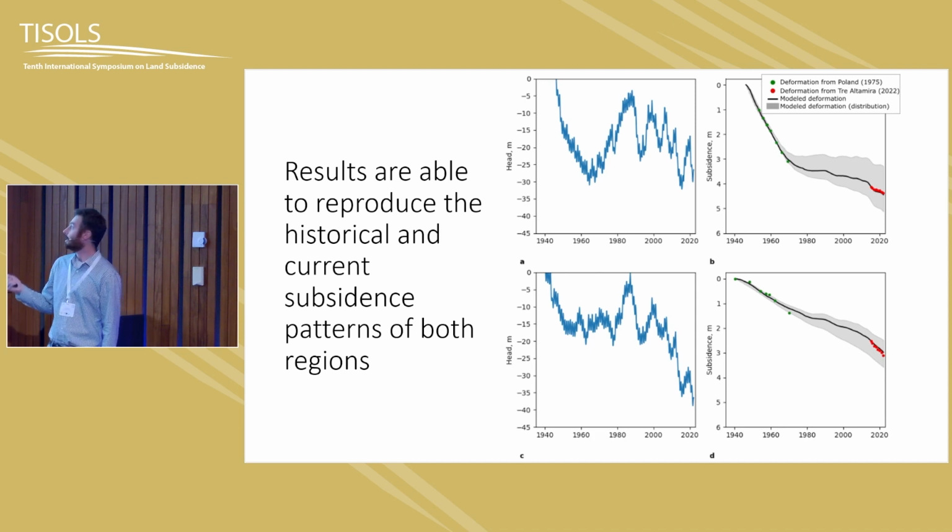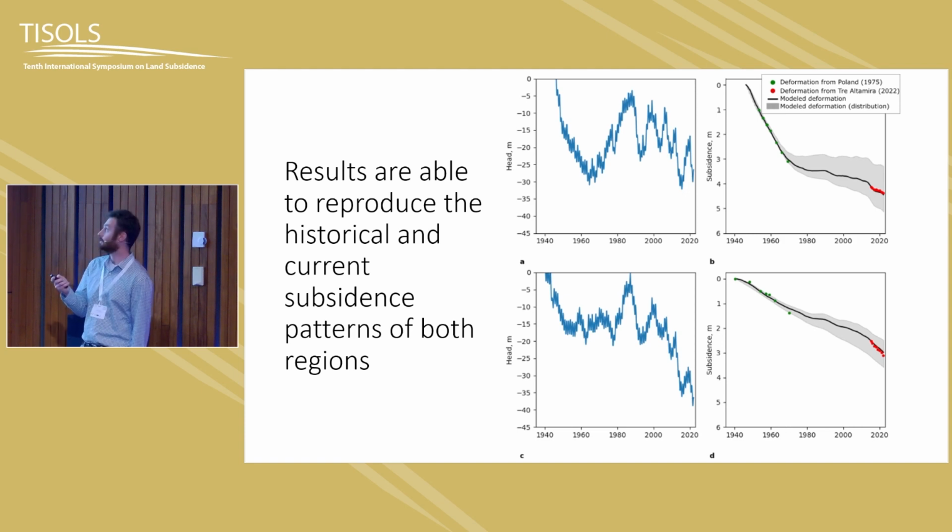And then this is the Pixley-Tulare area that has a lot more recent subsidence. And we've got head records on the left and deformation on the right. So you can see that we're fitting both the historical and the recent deformation measurements pretty well.